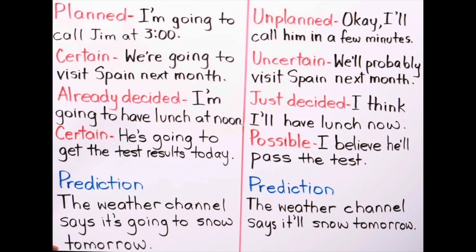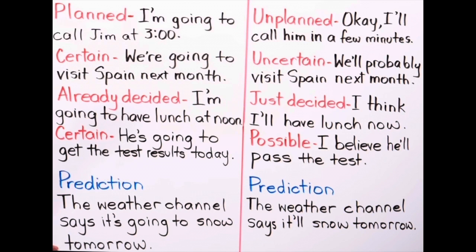With going to, planned. I'm going to call him at 3 o'clock. With will, unplanned. Okay, I'll call him in a few minutes. With going to, certain. We are going to visit Spain next month. With will, uncertain. We'll probably visit Spain next month.